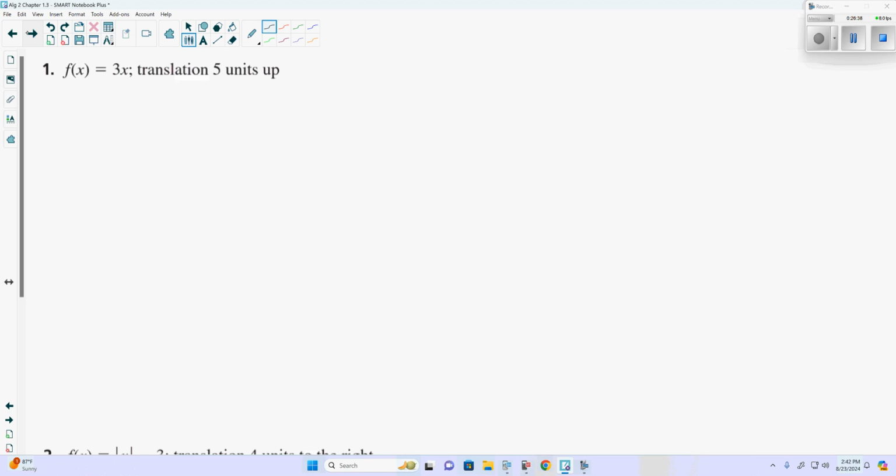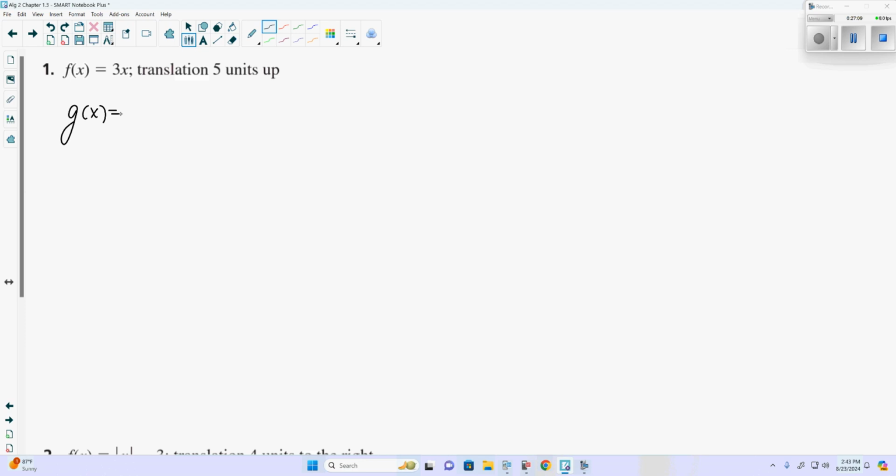I do find some of the horizontal translation, the up-down, kind of funny how they work. It'll make more sense here in a minute. Now for this one here, did they tell us what we want to name the new function? No. Yeah, we can do G. But the letter we name it is not the important piece.